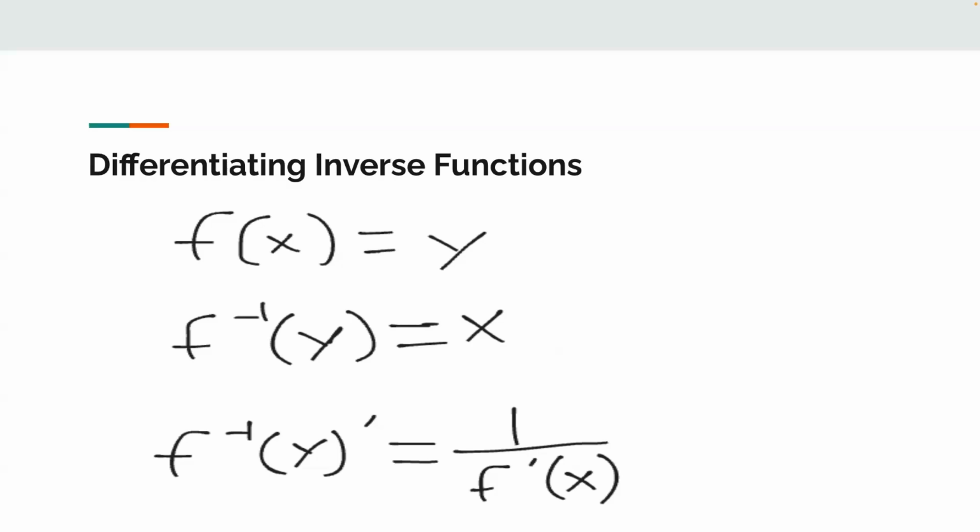So the derivative of f inverse of y is equal to 1 over f prime of x. Note that the x and y are different. The x of one is the y of the other, and you plug in the corresponding ones to each other. And yeah, it's just 1 over the derivative. Just memorize this formula.